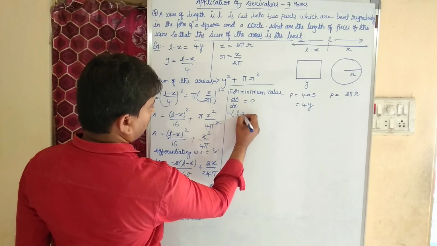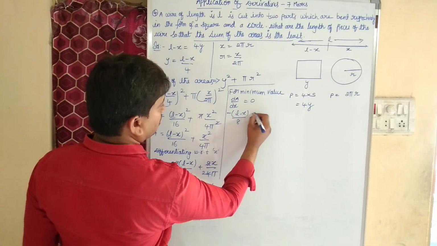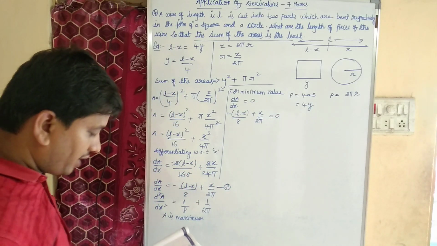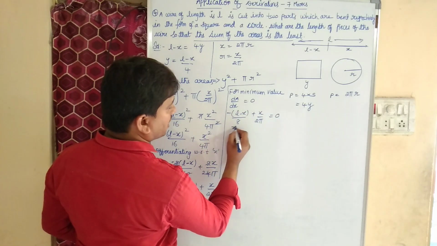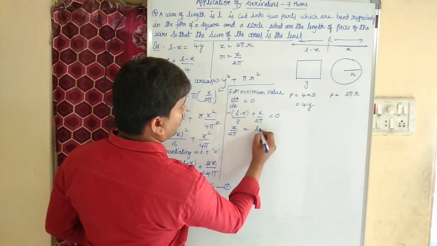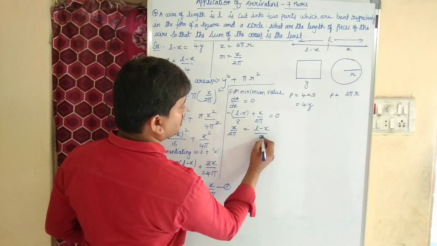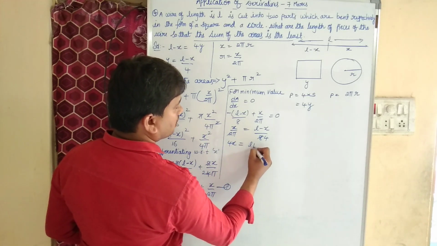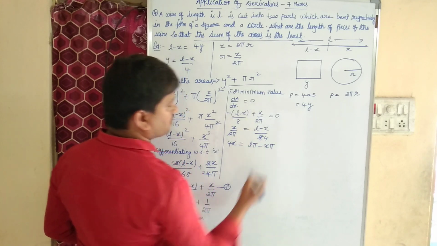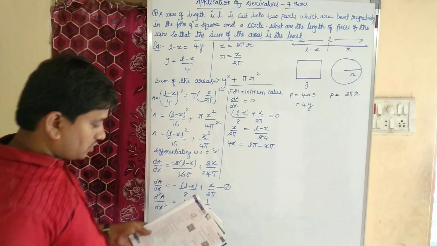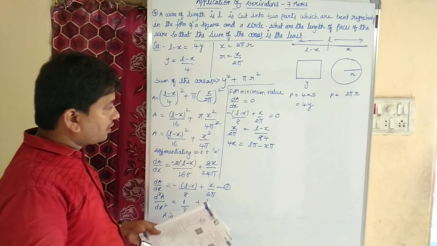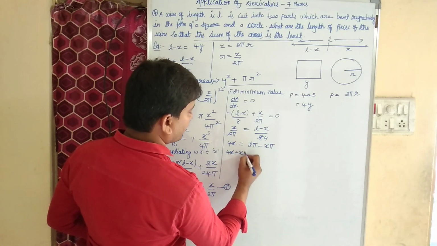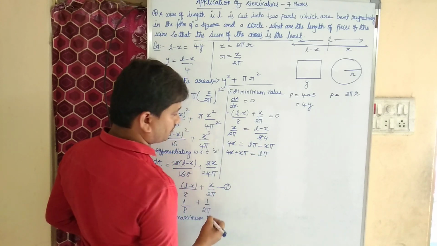Minus of (L minus x) by 8 plus x by 2 pi equal to 0. Right? So let us transpose this term to that side. X by 2 pi equal to (L minus x) by 8. 2 and 4 cancel. Cross multiplication, 4 into x equal to 4x, L pi minus x pi. Okay? So let us take minus x pi to this side, 4x plus x pi equal to L pi.